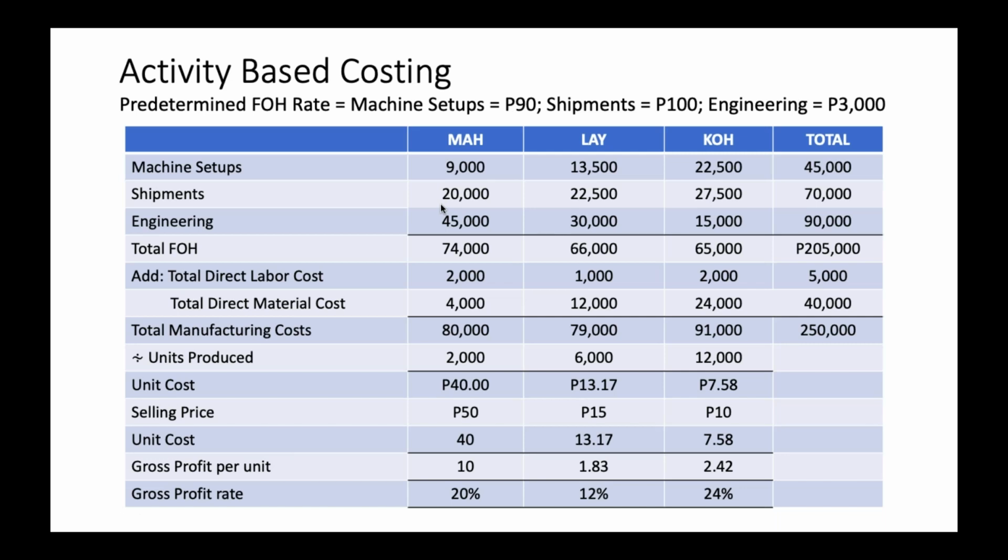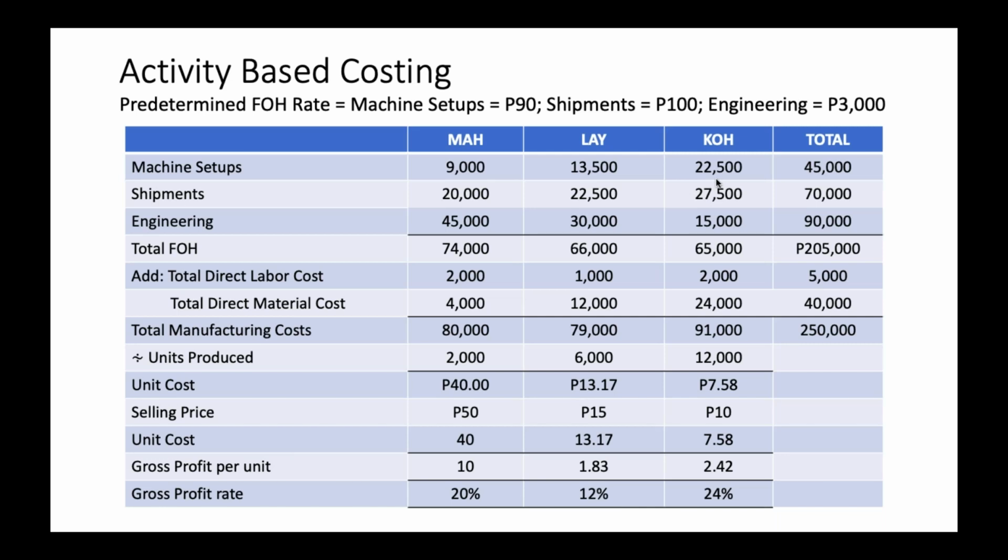So for Ma, since it has 100 machine setups, 100 times 90, that's 9,000. For Lai, we have 150 machine setups, 150 times 90 is 13,500. For Ko, we have 250 machine setups times 90, that's 22,500.